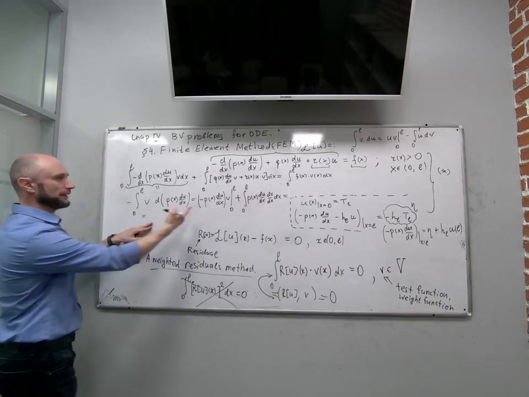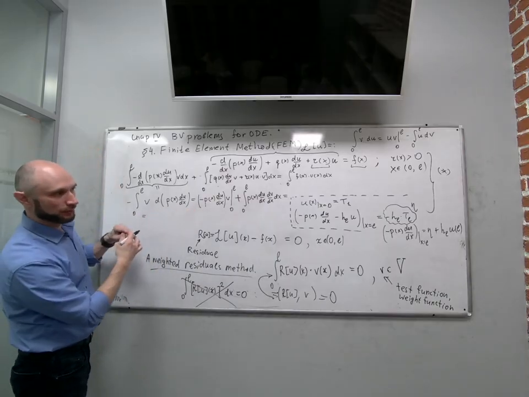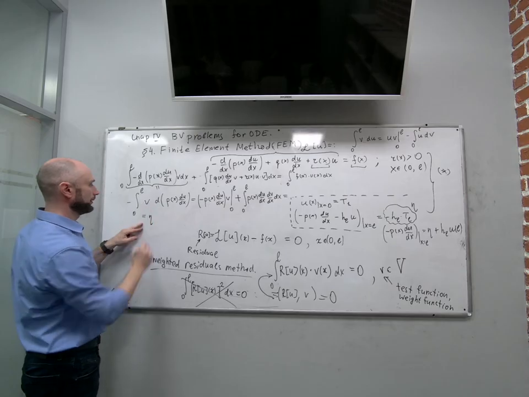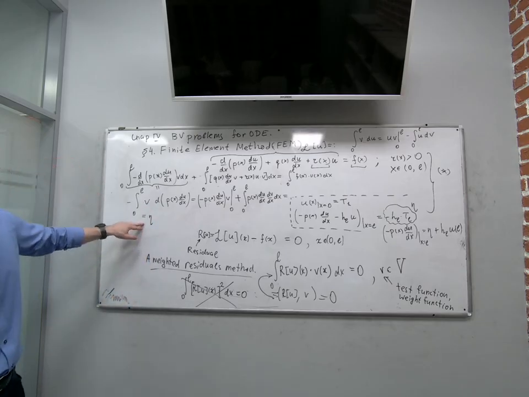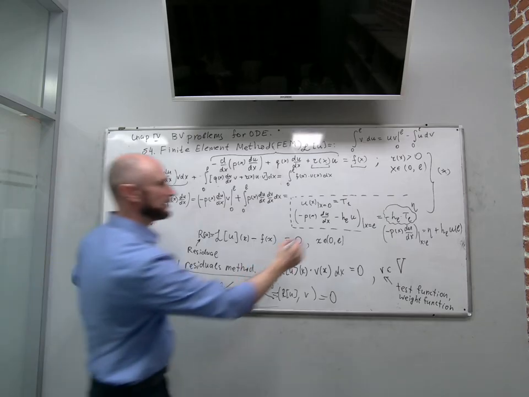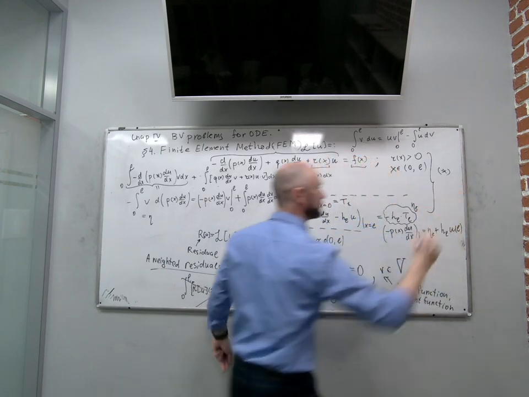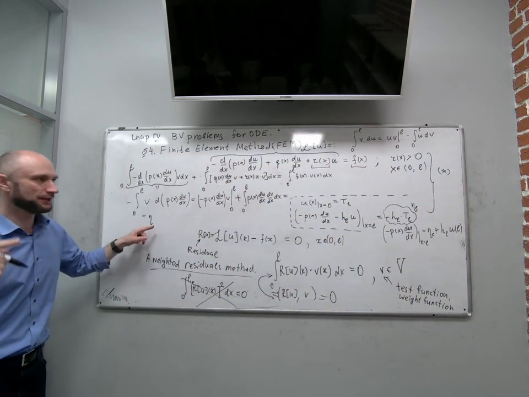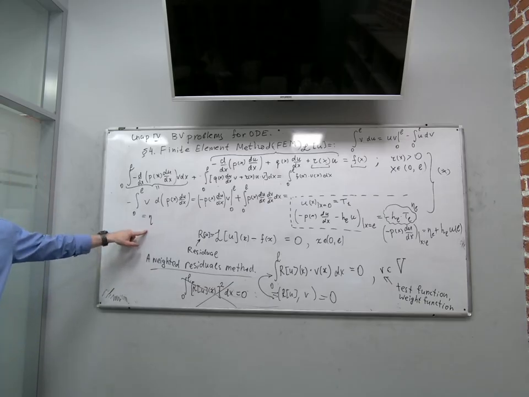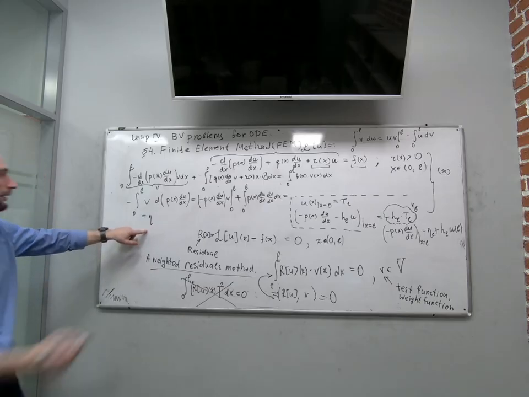So let's substitute what we got there. Maybe I should write index L here with eta to stress that this corresponds to the right-hand side of our domain.